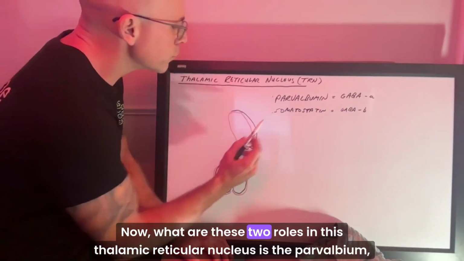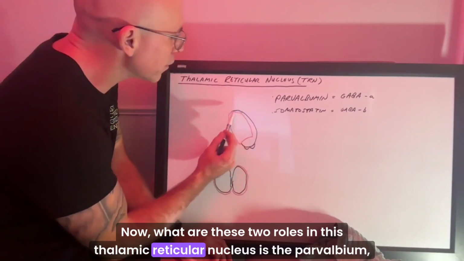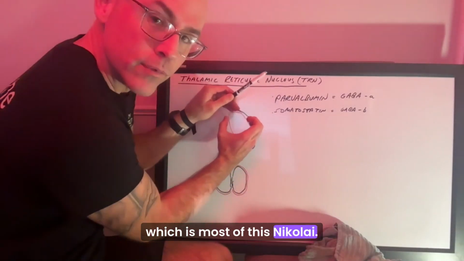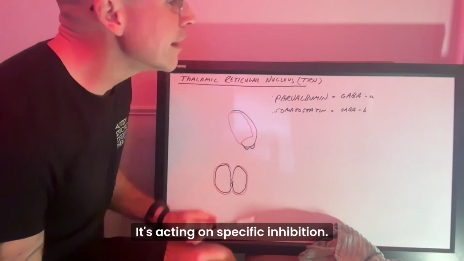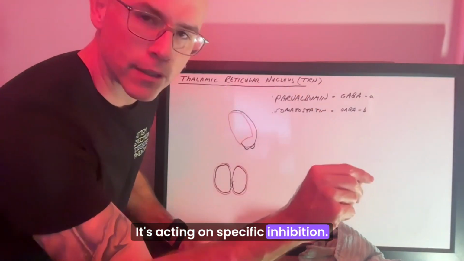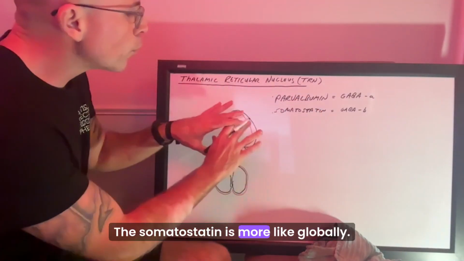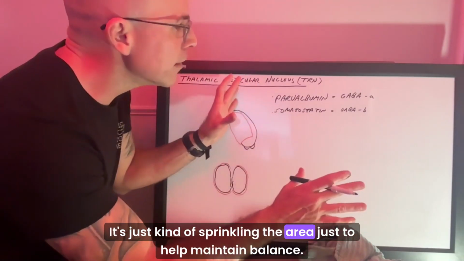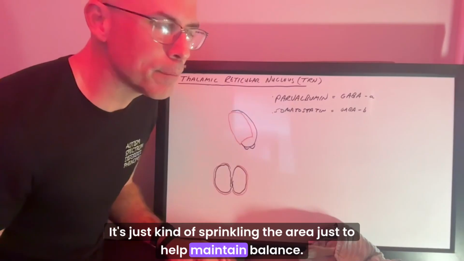Now, what are these two roles in this thalamic reticular nucleus? The parvalbumin, which is most of this nuclei, is acting on specific inhibition. The somatostatin is more global. It's just kind of sprinkling the area to help maintain balance.